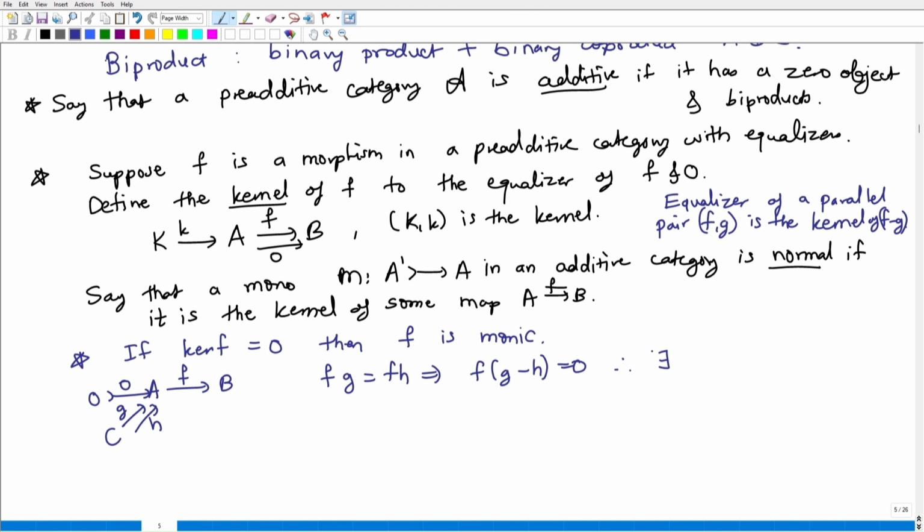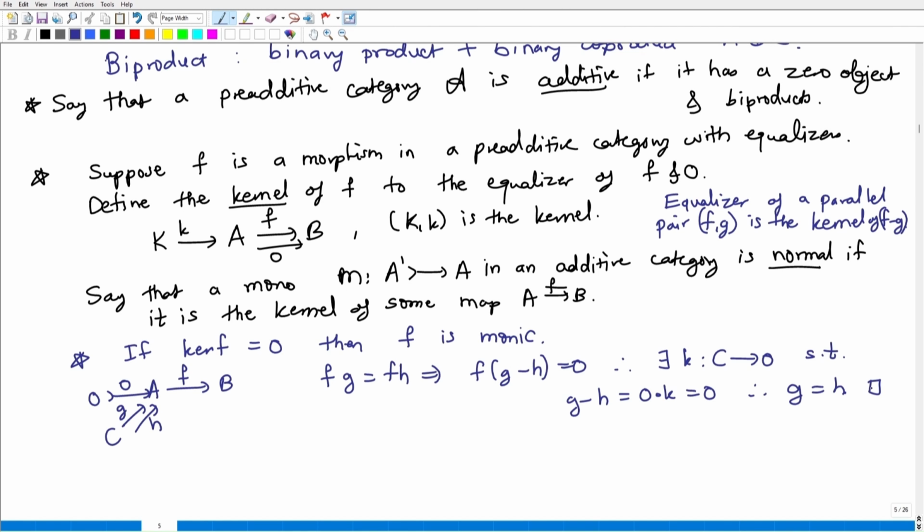Therefore, there exists a k from C to 0 such that g minus h is equal to 0 composed with k, which is 0, which means g is equal to h.